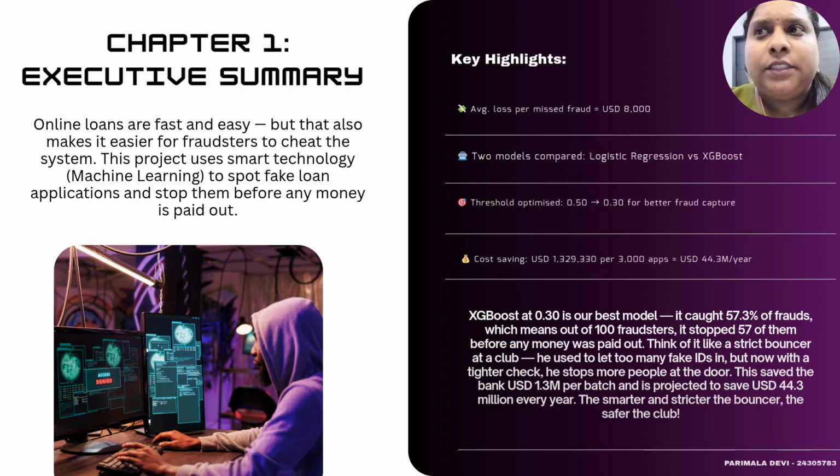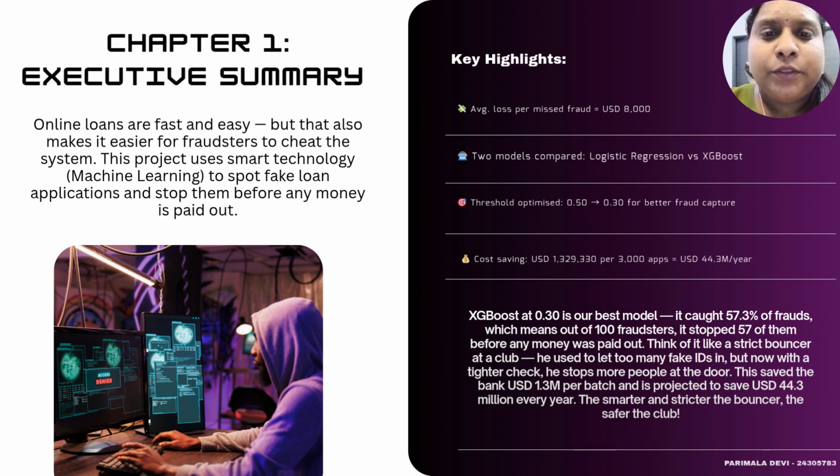In chapter 1, this is our executive summary. Online loans are fast and easy, but that also makes it easier for fraudsters to cheat the system. This project uses smart technology, machine learning, to spot fake loan applications and stop them before the money is paid out.